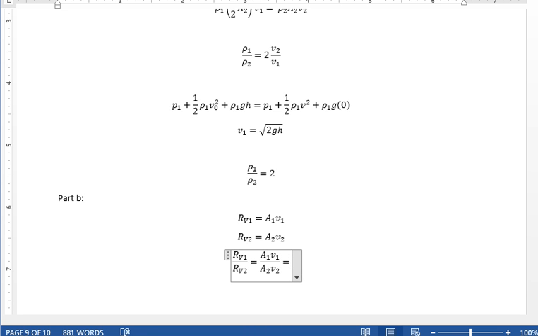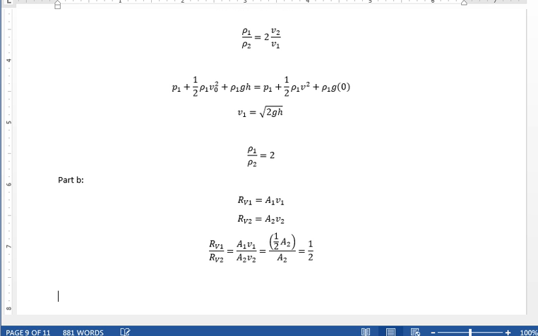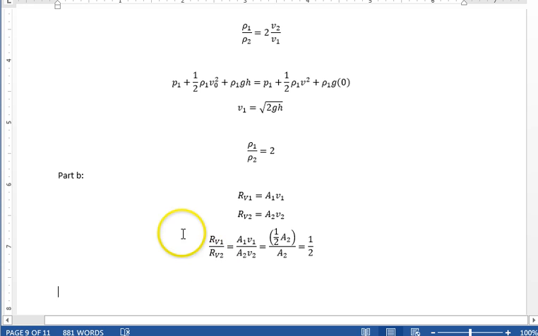Now, we just went through that V1 and V2 are the same, so this is A1 over A2, which is 1/2. Remember, A1 is 1/2 of A2. And so that tells us the relative volume flow rate of RV1 to RV2 is 1/2.